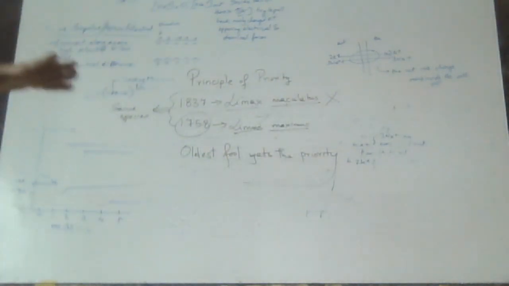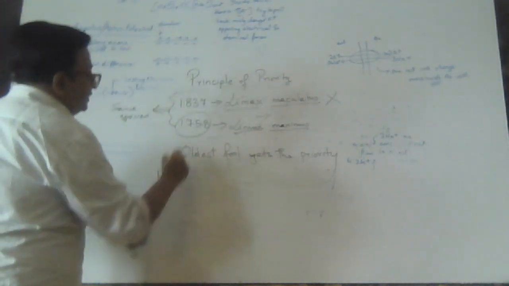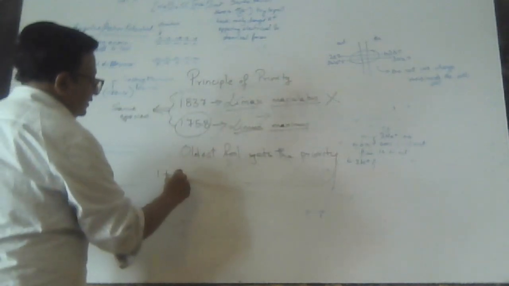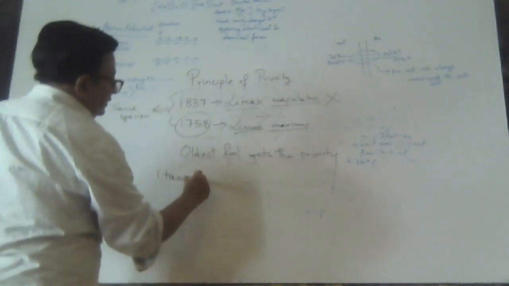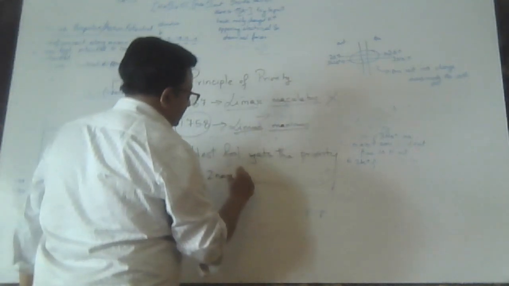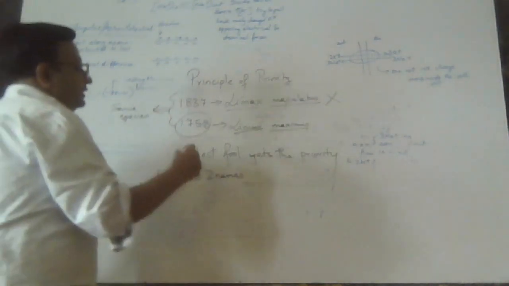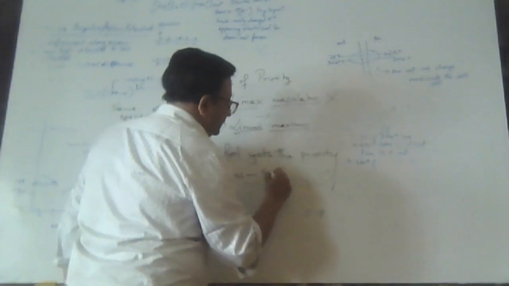You can't have two names. One taxon has got two names. This is known as synonyms.